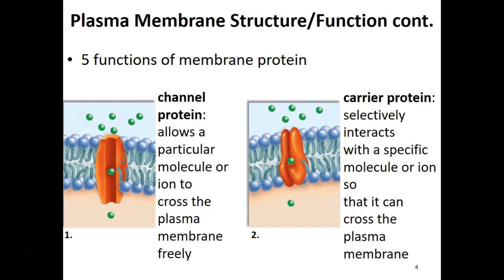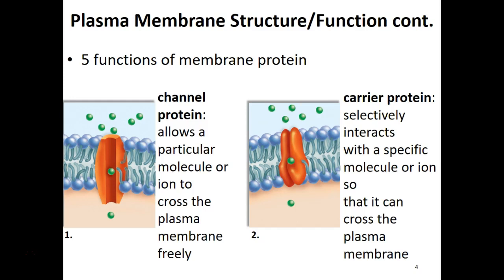So proteins have a lot of functions in the plasma membrane. The membrane itself is selectively permeable and only allows certain molecules across. So we have to have proteins that will carry other molecules or allow other molecules to move across freely.